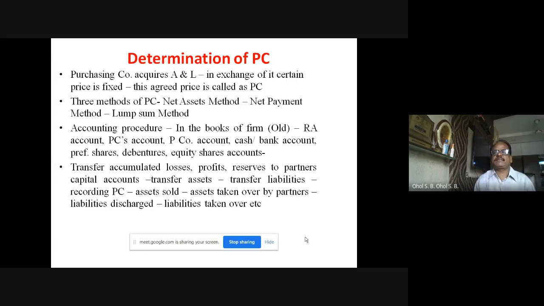So likewise, all these accounts are to be opened in the books of the old firm in the accounting procedure.